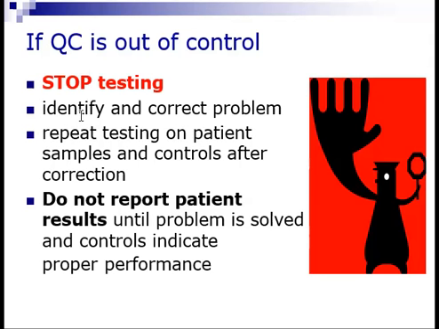You need to inspect the control chart. Look if there are, or what are the Westgard rules na na-violate so that you can determine later on the type of error, kung random or systematic ang nangyayari na error. And then once na-detect mo na yung error, kung random or systematic, that's the time na pwede mo naman narrow down ano ba yung mga possible sources of or causes of random or systematic error.